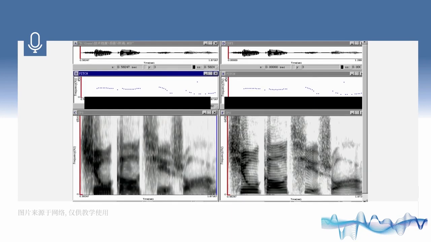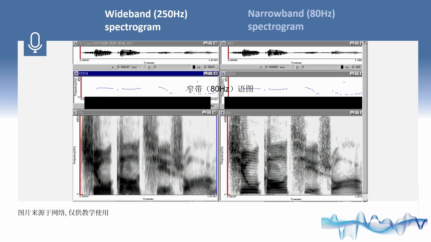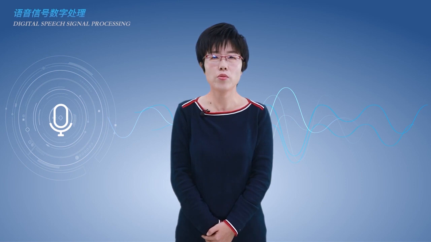Here are two figures with different bandwidth resolution: wideband spectrogram with a larger band filter, narrowband spectrogram with a smaller band filter. There is a short video to show the difference of narrowband and wideband spectrogram in detail.